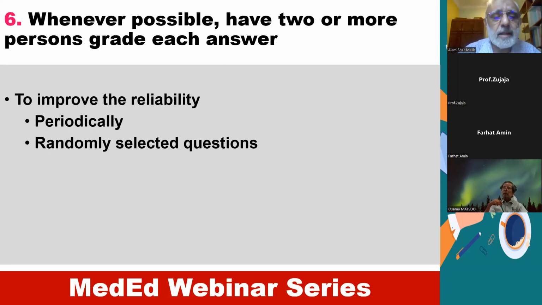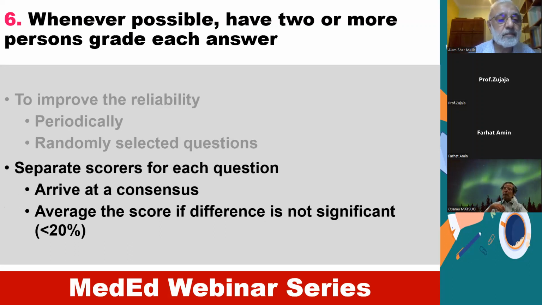If there are not enough examiners and if there are too many papers, it may not be possible for all the papers or all the questions to be marked by 2 examiners. Then we can randomly select some questions and mark and see if there is any gross difference.